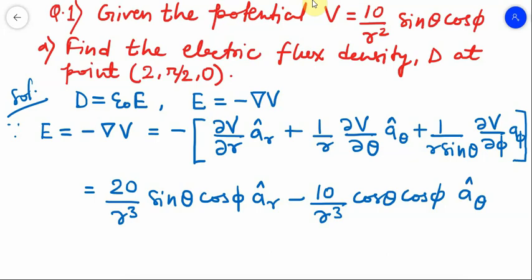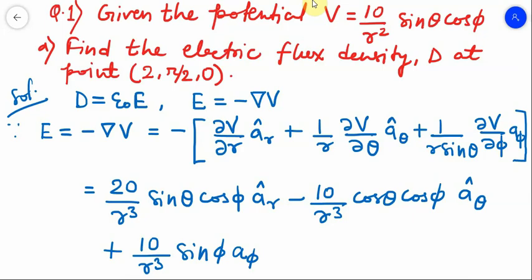For the third term, the differentiation of cos phi gives minus sin phi, and minus and minus make plus, so it is plus 10 upon r cube sin phi a phi.